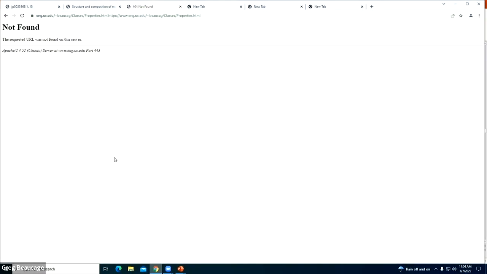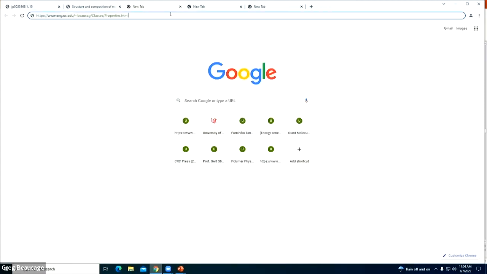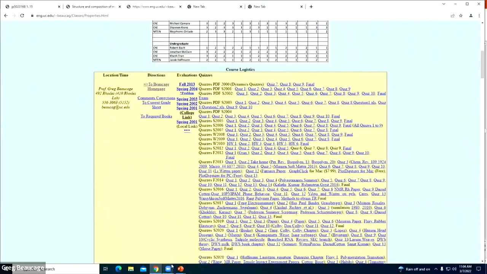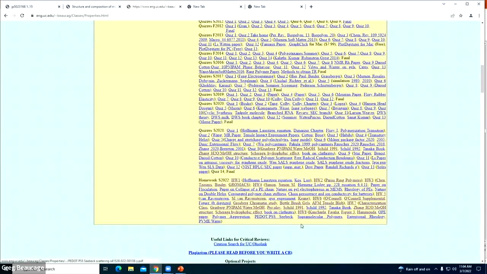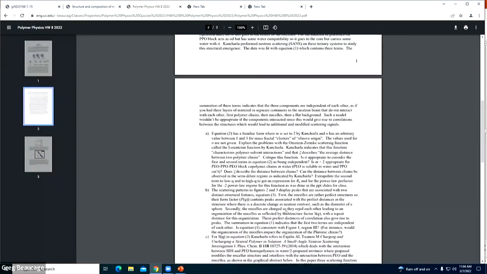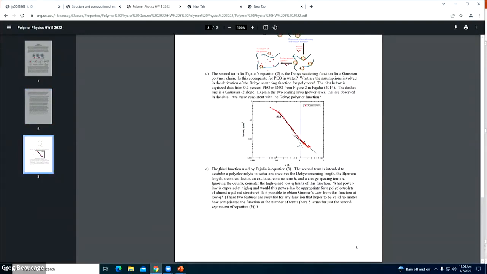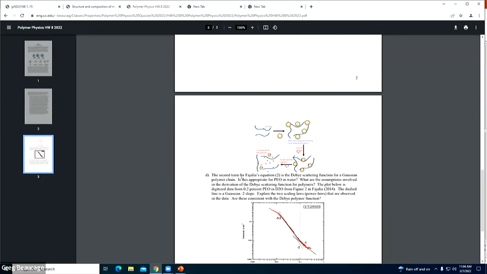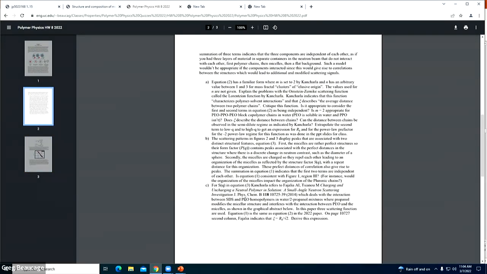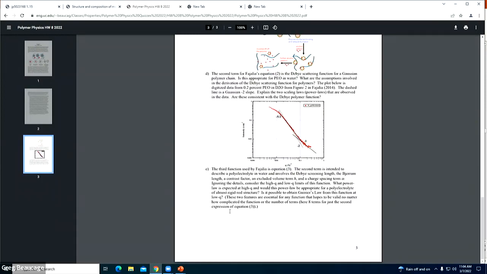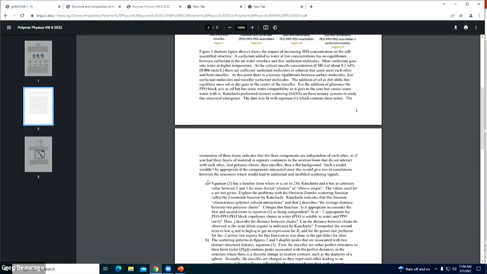Let me look at that. I guess it doesn't ask about the sphere thing. Yeah, it's about the other function. But you can do the sphere thing too.